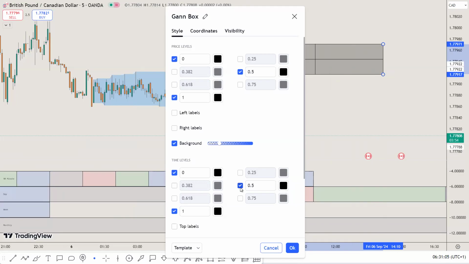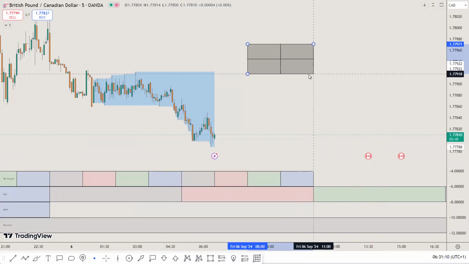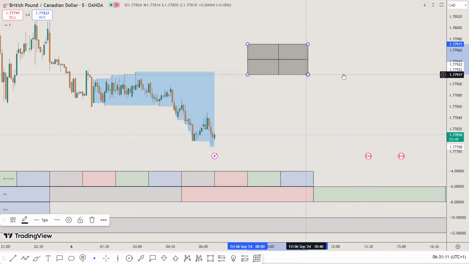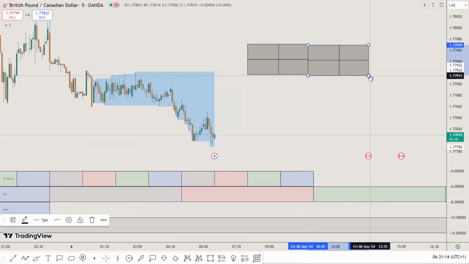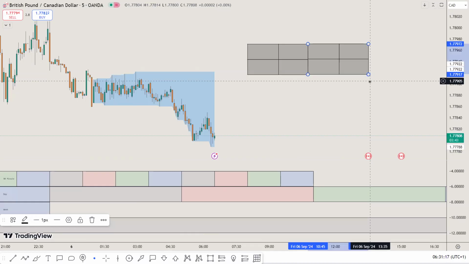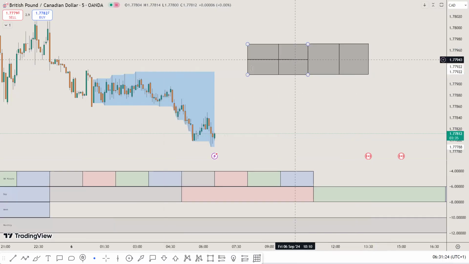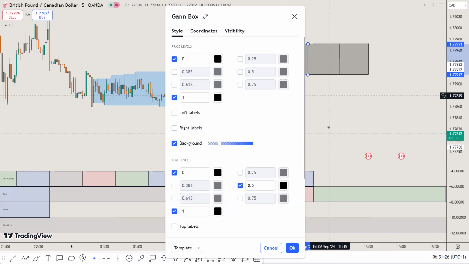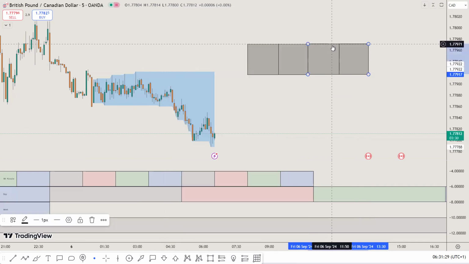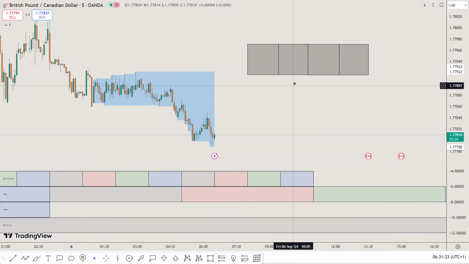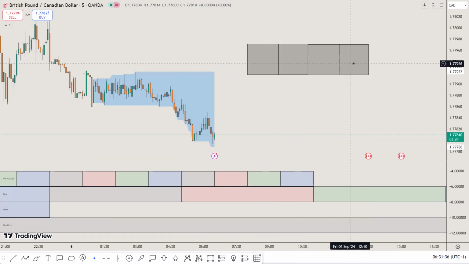So we have this month of August, and it is divided into 4 weeks.